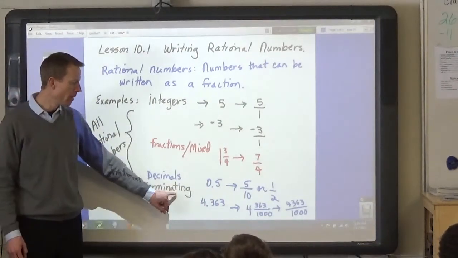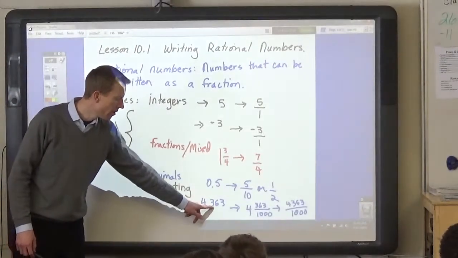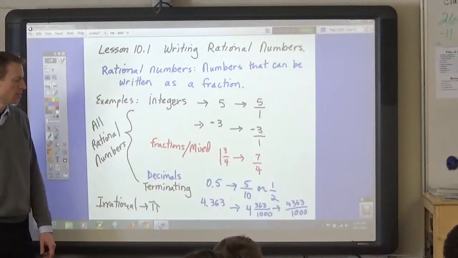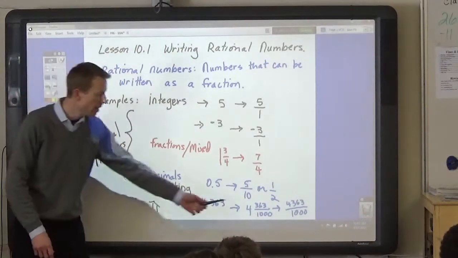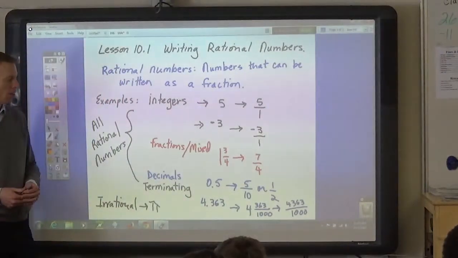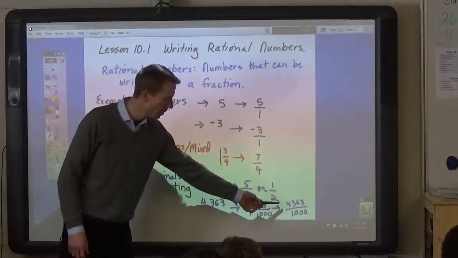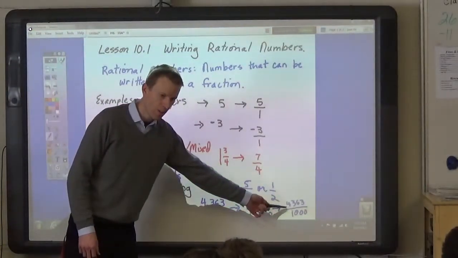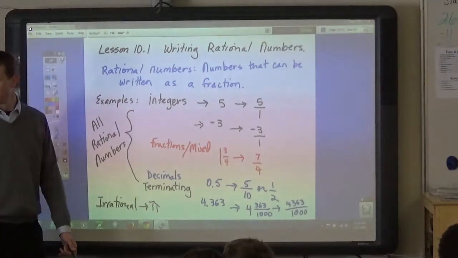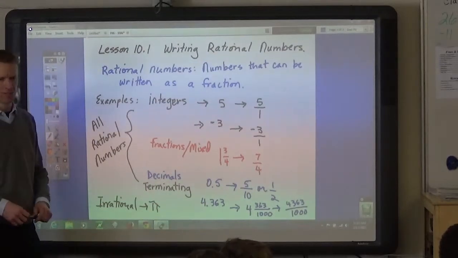And terminating decimals like 4 and 363 thousandths can be written as a mixed number, 4 and 363 over 1,000. Or you can write it as a top-heavy fraction, 4,363 over 1,000. Right? So then what's an irrational number?